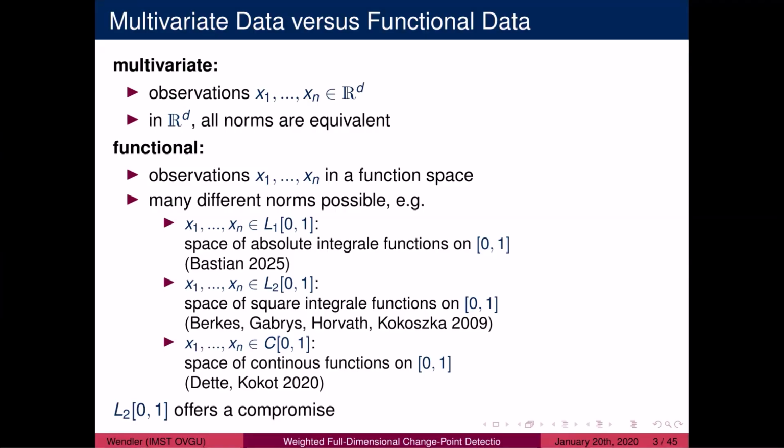In recent years, Dieter, Kokot and Bastian have considered the C01 and L1 space. Now I can say somehow the L2 space is in the middle. So this new research gives me a new argument for my old research. I can say this L2 space is a compromise.